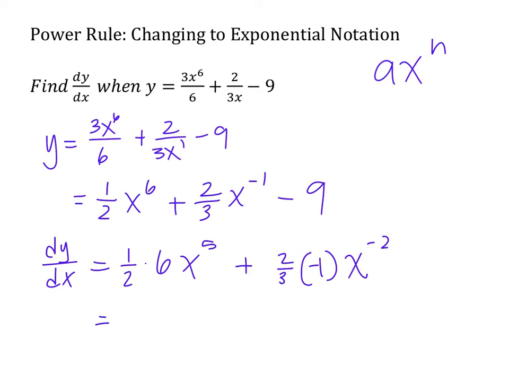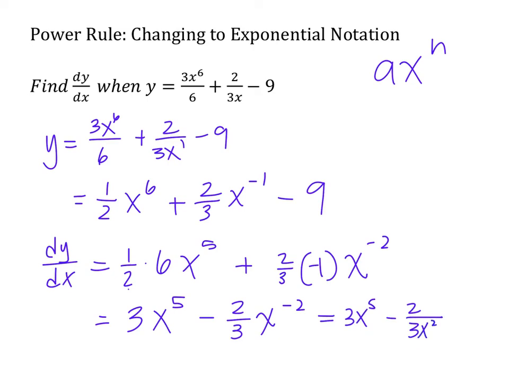Simplifying this, we have 1/2 times 6, we have 3x raised to 5. This becomes minus 2 over 3. Then we have x raised to -2. We can also write an equivalent expression, which is 3x to the 5th power minus 2 over 3x squared.